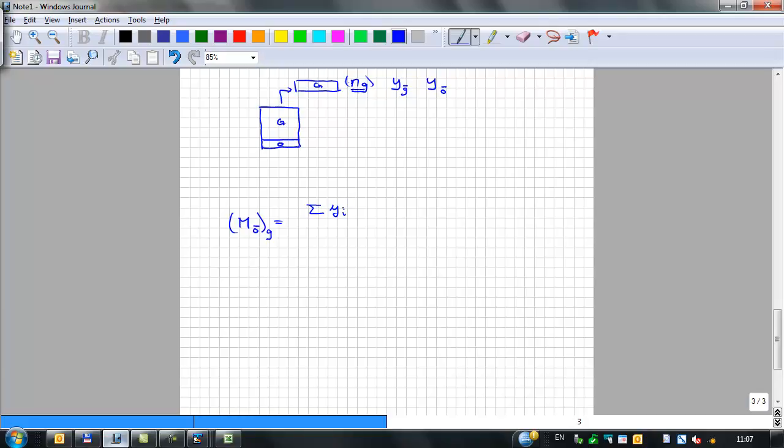It'll take the gas composition times the recovery factor of that particular component.